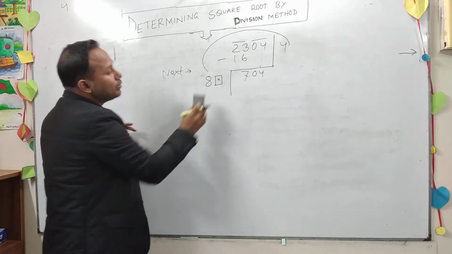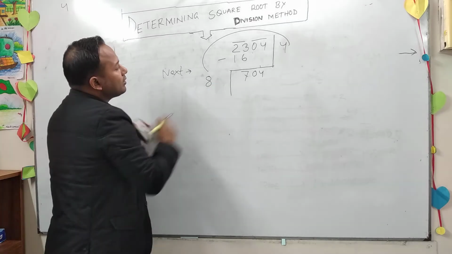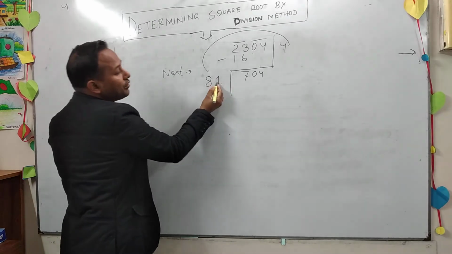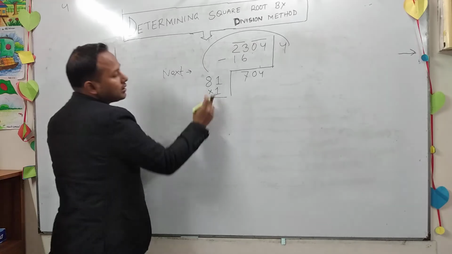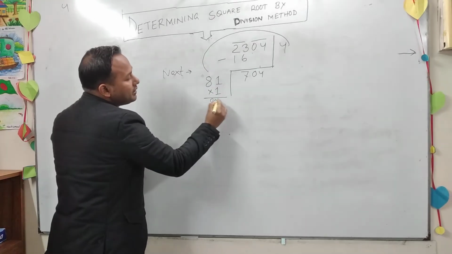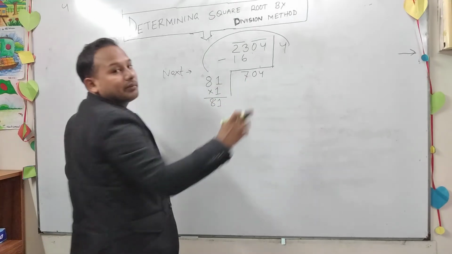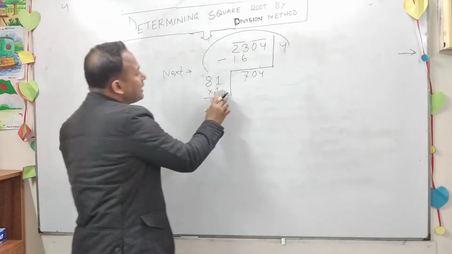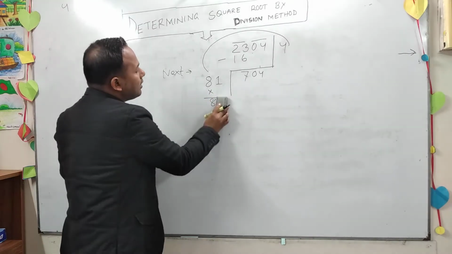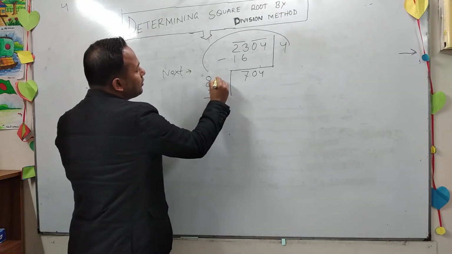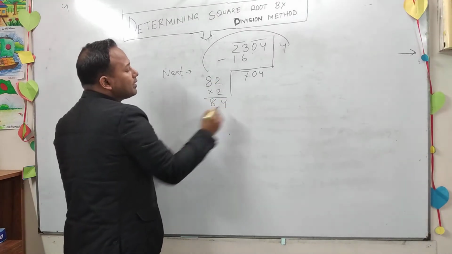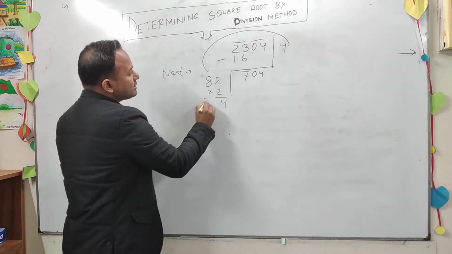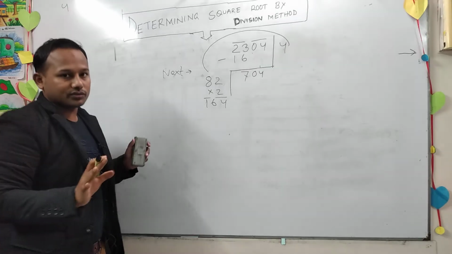Suppose you take 1, you will have to multiply it with 1. So 1 gives 81, which is never close to 704. Now if you take 2, 2 2s are 4 and 8 2s are 16. That is not even close.